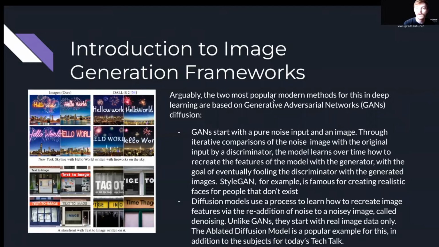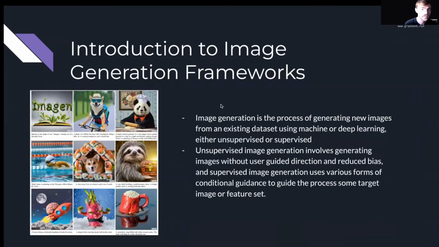So, image generation, an introduction to image generation frameworks. Image generation is the process of generating new images from an existing data set using machine learning or deep learning. This can be either supervised or unsupervised. Unsupervised image generation involves generating images without user-guided direction and reduced bias.